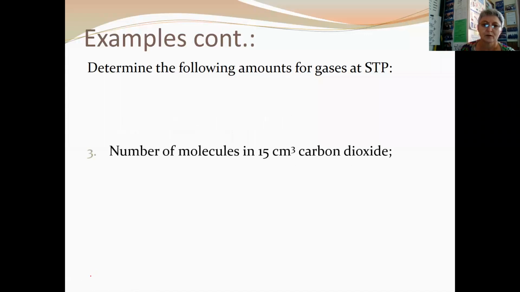Right. The number of molecules in 15 cubic centimeters of carbon dioxide is the next question. Whatever they give us, 15 cubic centimeters, needs to be converted to the mole. But before we convert it to the mole, we need to convert it to cubic decimeters.